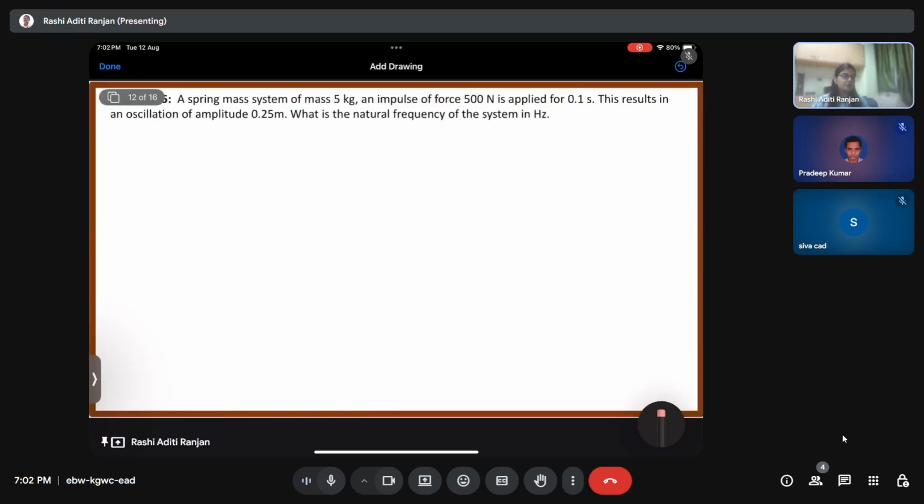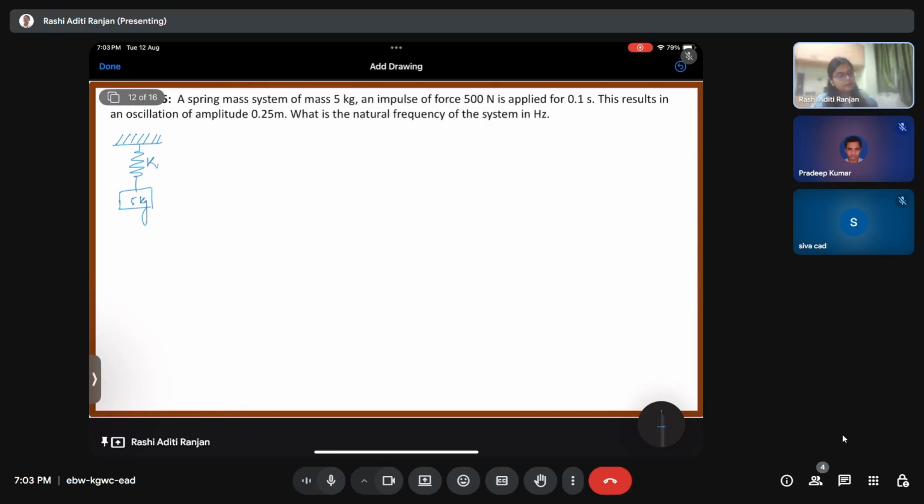Now, coming on to question number 5. Question number 5 says: for a spring mass system of mass 5 kg, an impulse of force 500 Newton is applied for 0.1 second. This results in an oscillation of amplitude 0.25 meters. What is the natural frequency of the system in hertz? Okay, firstly, for a spring mass system, the mass is 5 kg, K is not given.